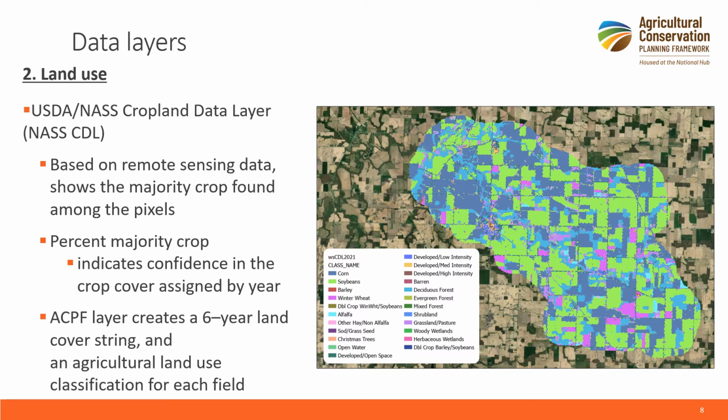The ACPF uses that NASS cropland data layer to label each field based on the 6 most recent years of land cover. So it shows the dominant crop types within different areas of the watershed, as well as the crop rotations for individual fields.